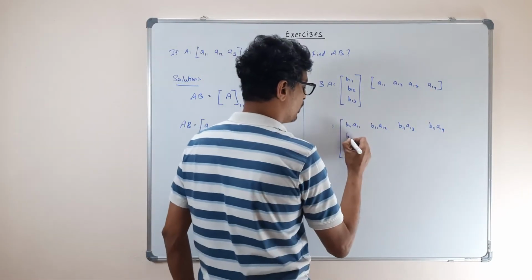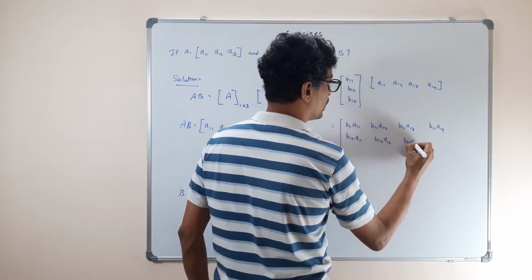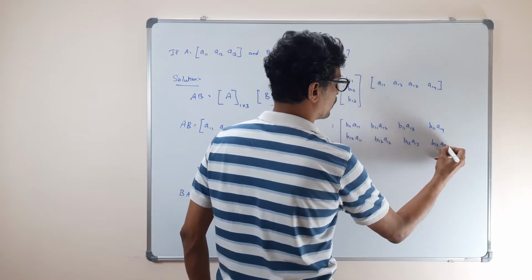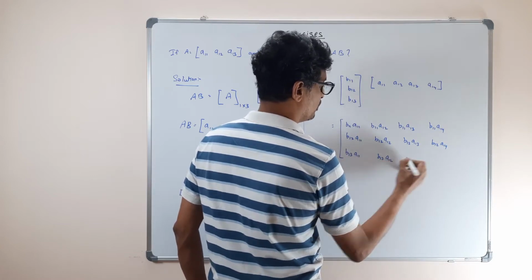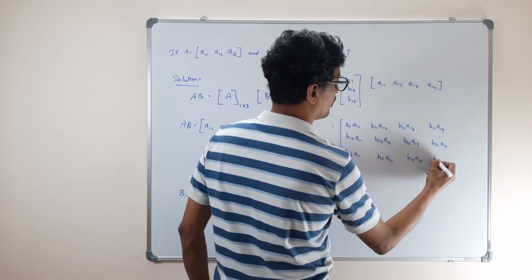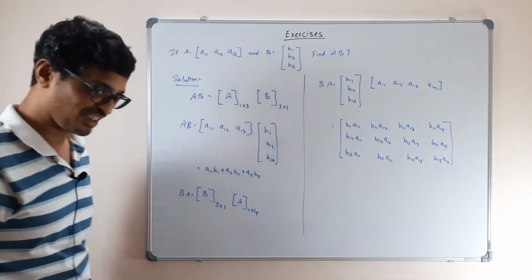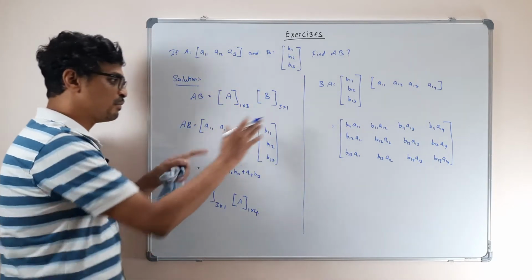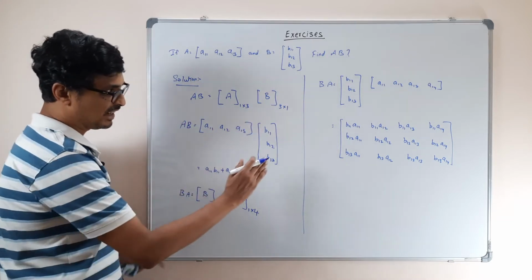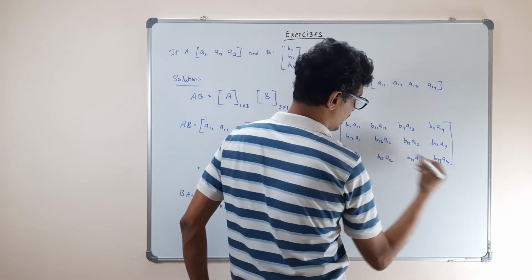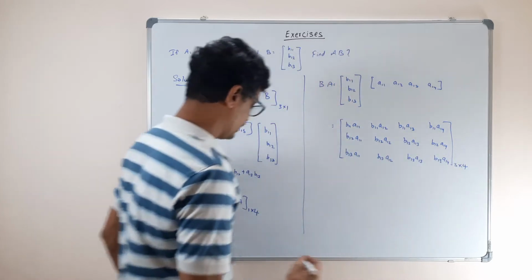Second one will be B12 A11, B12 A12, B12 A13, B12 A14, B13 A11, B13 A12, B13 A13, B13 A14. Is it a square matrix? Okay, so it's not a square matrix. So it will become whatever when you multiply the final matrix. Can you find out from here itself? Is there any relation? What is the order of this matrix? 3 by 4. Okay, can you see from here?